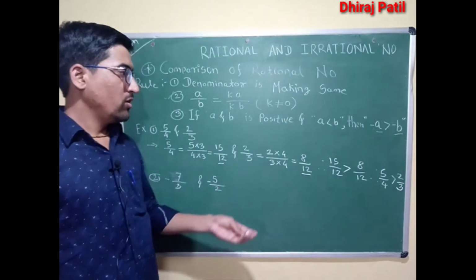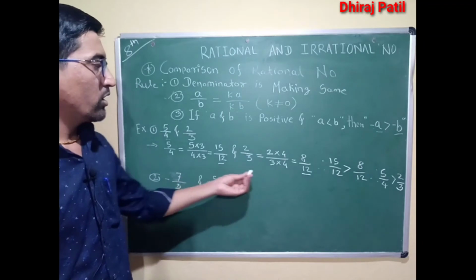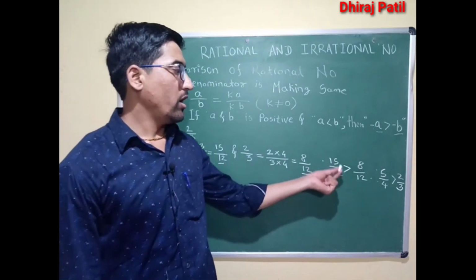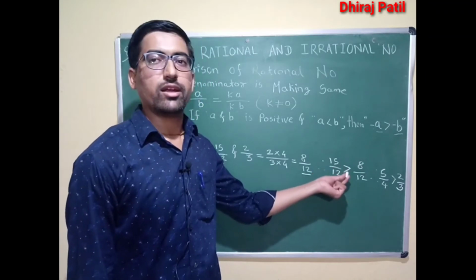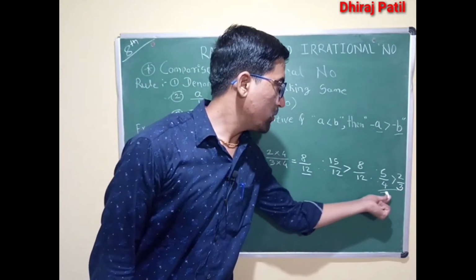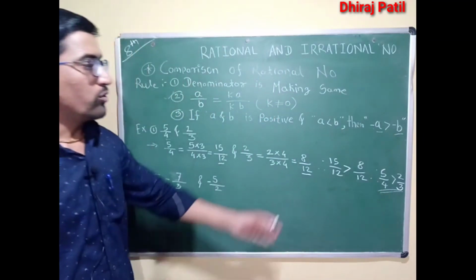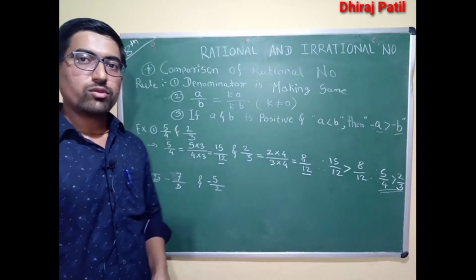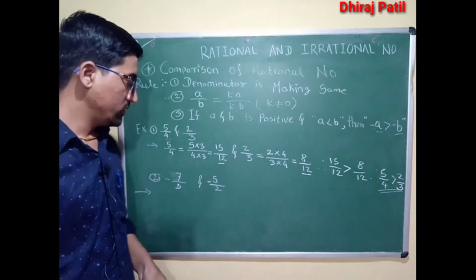So like this, friends, we have to calculate until our denominator is the same and see which value is greater. I have taken some types of examples. The 5 by 4 is greater than 2 by 3. Now, friends, we take another example.